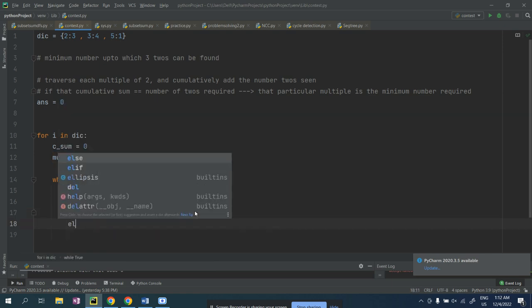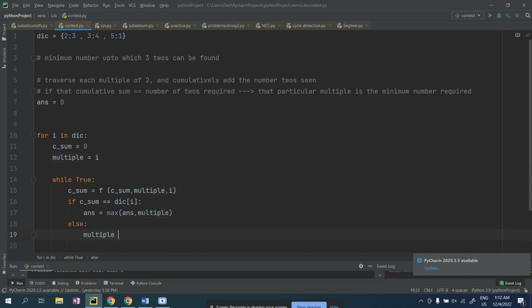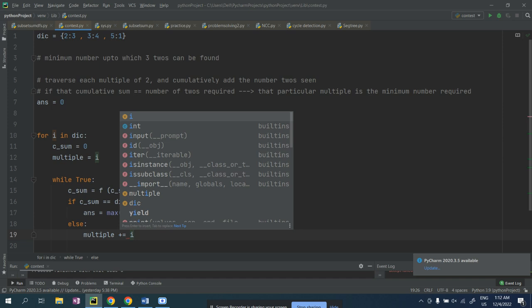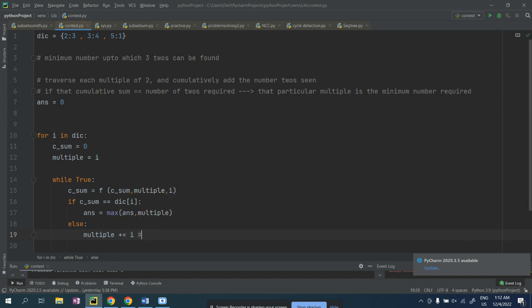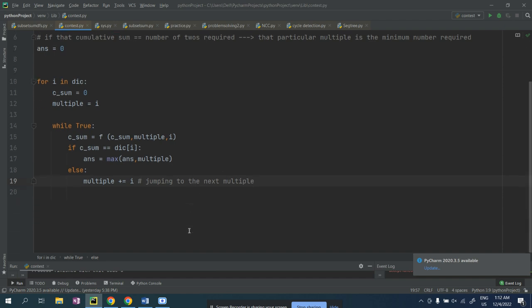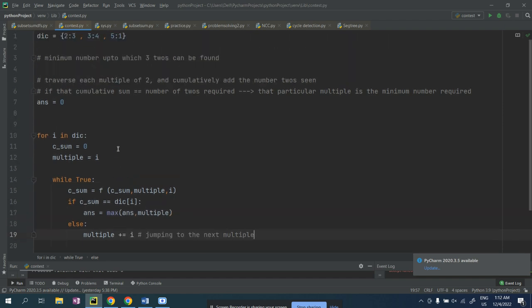And if it's not, then our multiple will get increased by i, right? So here what we are doing, we are jumping to the next multiple, right? So if our cumulative sum becomes equal to 3 in that case, then we are calculating the answer, and if it does not, then whatever our initial multiple was will get increased by i, right?